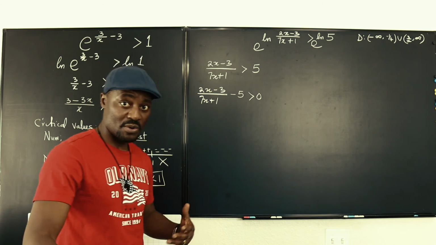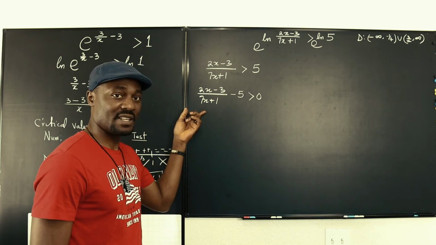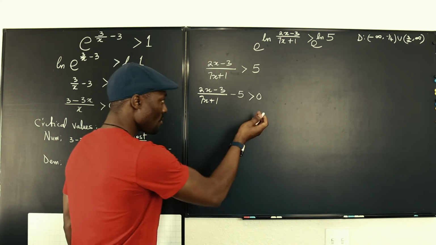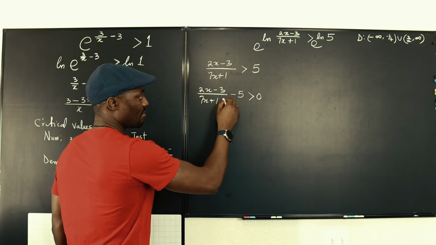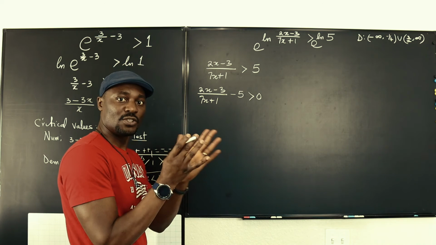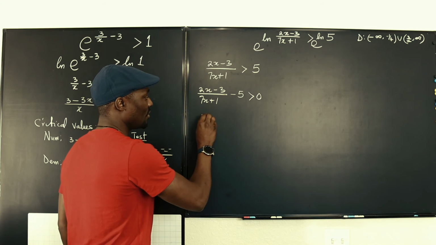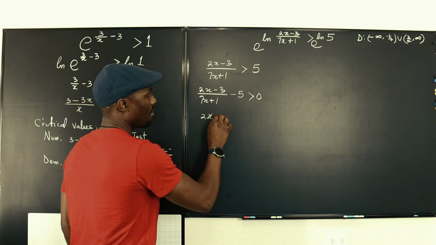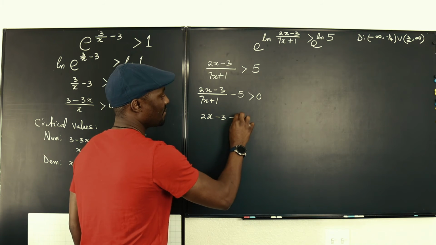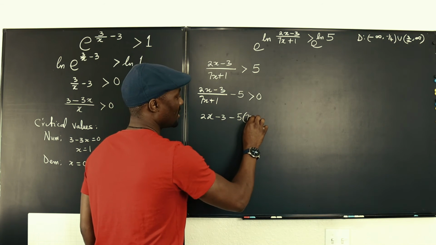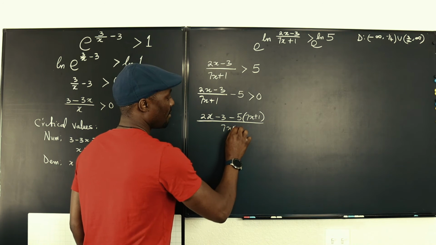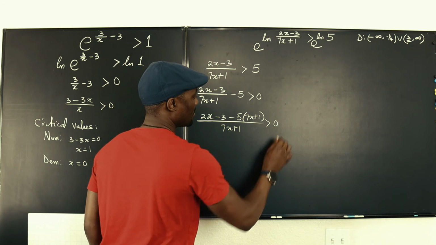So now remember, at the end we'll be testing whether the left hand side is positive, greater than 0. So what we're going to do now is make it into just one fraction. Take the LCM of the two terms. You have 2x minus 3 minus 5 times 7x plus 1, over 7x plus 1, greater than 0.